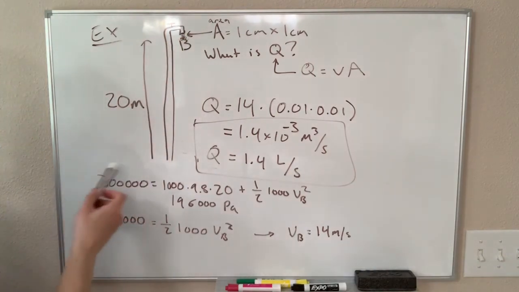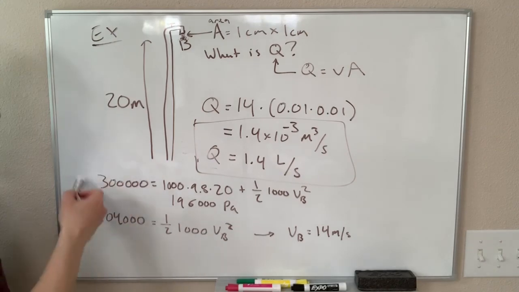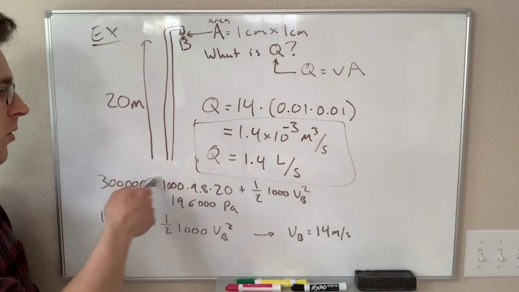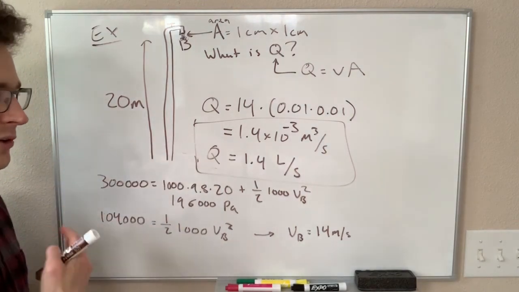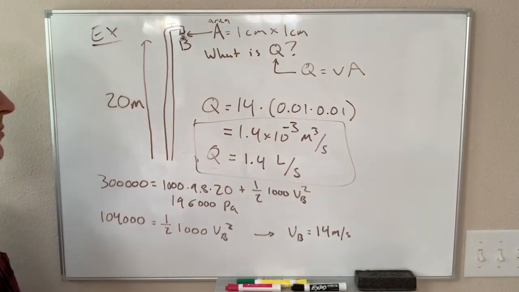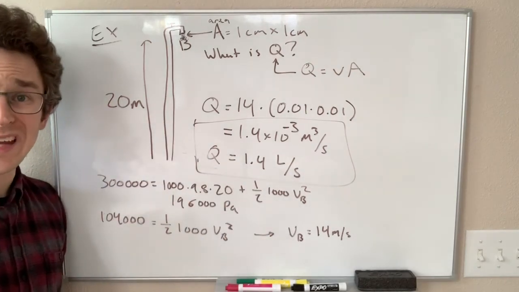Part of that could be that in a real system, the water main pressure, I looked up some average value for water main pressure. That could be reduced when the water goes into the building by some devices that reduce the pressure when you go from big city pipes to small house pipes. So that could be responsible for part of this difference. The other could be all of this assumed that we're not losing any energy.